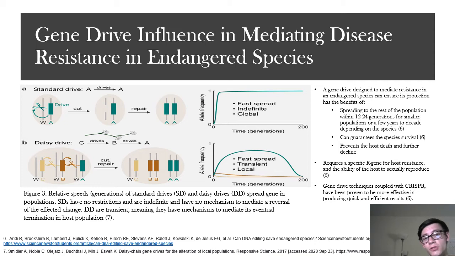So say you put a gene in a population and this gene has some negative side effects. Like it may lead to this endangered species dominating a certain ecosystem. There are methods to actually make sure that doesn't happen. So you can have daisy drives, which basically you have a chain of effects or repairs or genes that actually counteract each other and check each other.